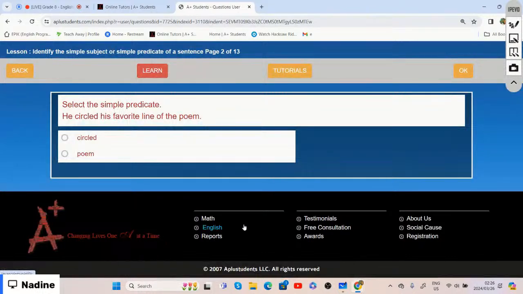All right. We now need to select the simple predicate within the sentence. It says, he circled his favorite line of the poem. He circled his favorite line of the poem. Is it circled or is it poem? The predicate, the verb, circled or poem?